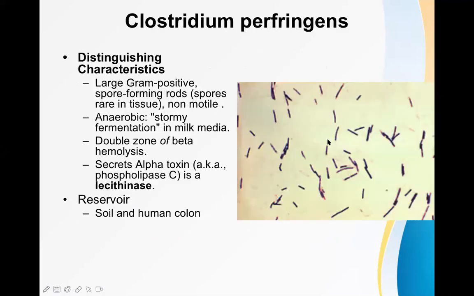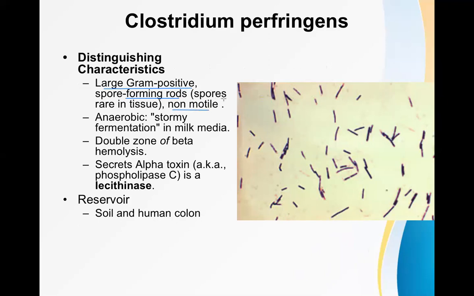Let's move on. Now let's see the characteristic points of this bacteria, Clostridium perfringens. They are large gram-positive spore-forming bacilli, or rods, and they are non-motile.